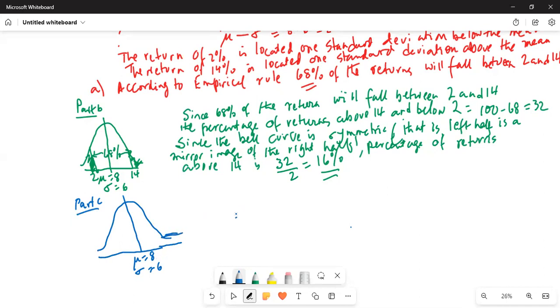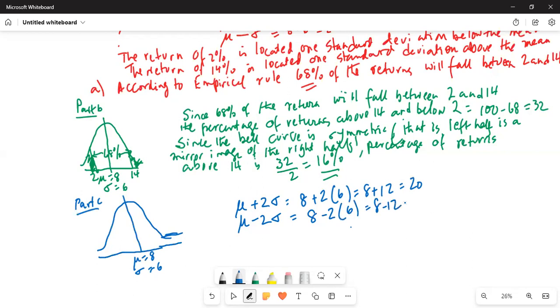Let's do mu plus 2 sigma, which is 8 plus 2 times 6, and 2 times 6 is 12, so 8 plus 12 is 20. And mu minus 2 sigma is 8 minus 2 times 6, which is 8 minus 12, which is minus 4. So if we go 2 sigma on the left, we reach minus 4, and if we go 2 sigma on the right, we get 20.